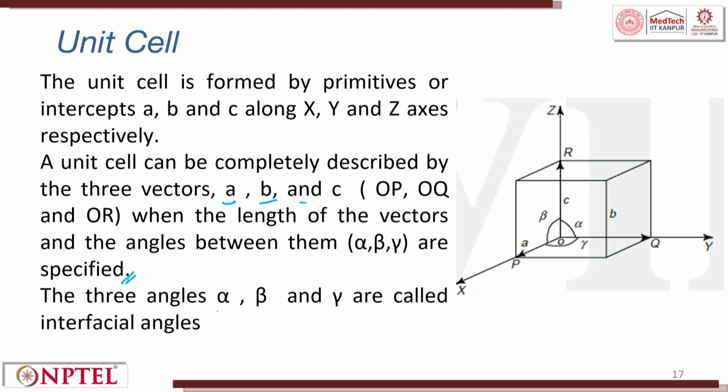The three angles alpha, beta and gamma are called interfacial angles. So where are they? Alpha, beta and gamma are the interfacial angles, and A, B and C are the distances along the x, y and z axes respectively. The point where they meet is P, Q, R on the xyz coordinates.